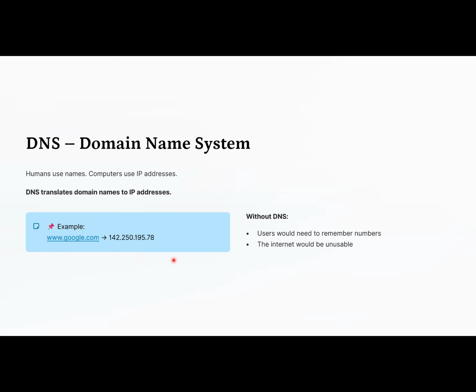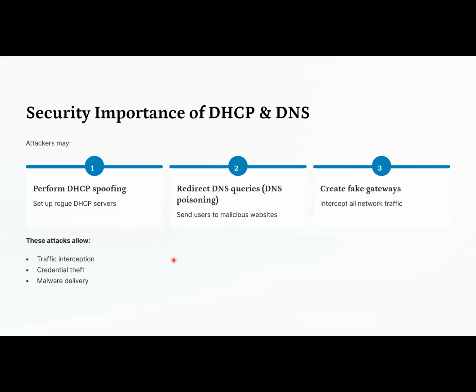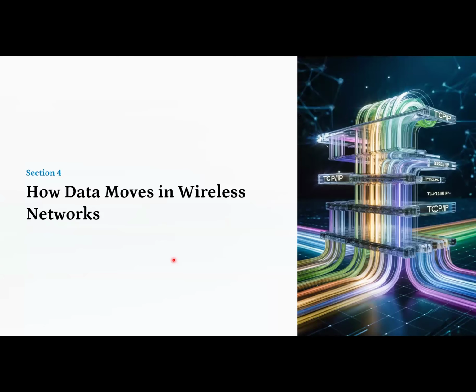That is the IP address of localhost. The DNS is able to resolve the name localhost into the IP address 127.0.0.1. So that is about domain names. And there are some security importance of the DHCP and DNS, and these are what have been outlined in here.